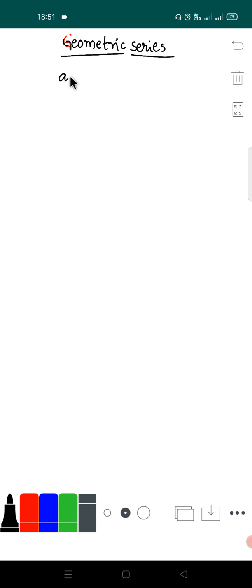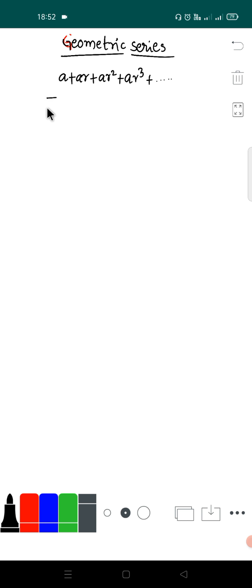So if a is multiplied by r, it becomes ar, and ar multiplied by r becomes ar square, and then ar cube. So if we add all these terms, we get a series. This is the general form of the geometric series.